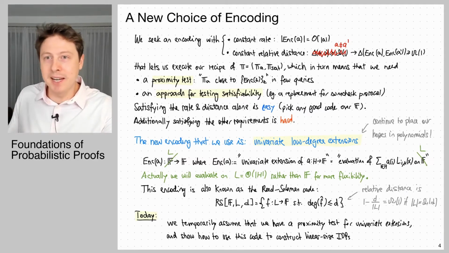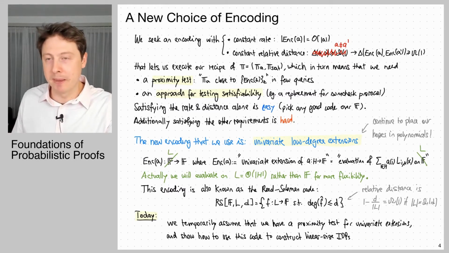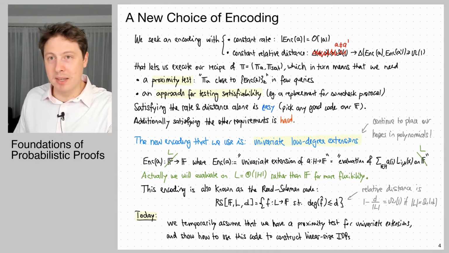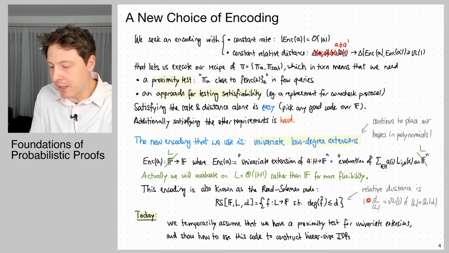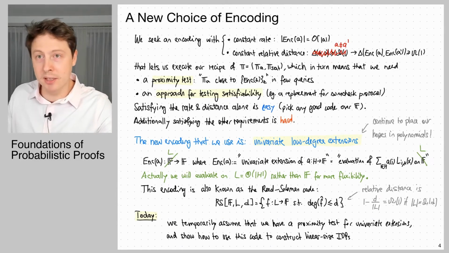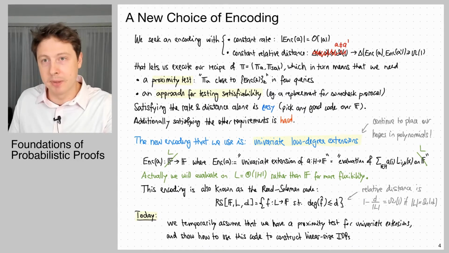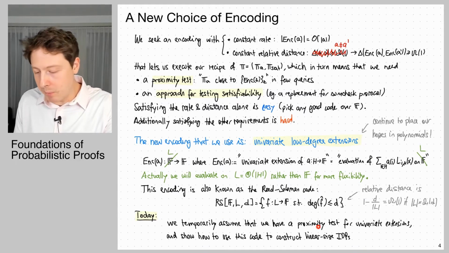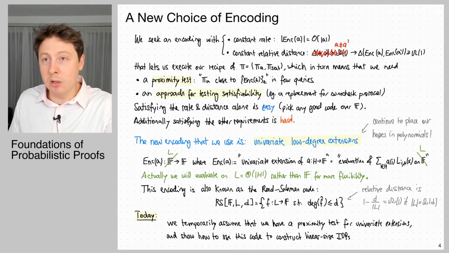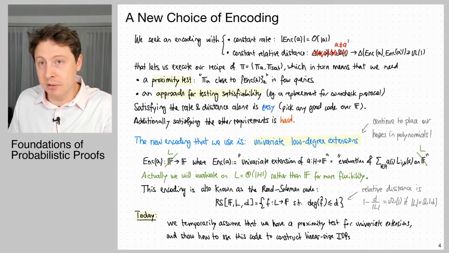Any answer you get could have been consistent with a degree d evaluation. So that's not good, because for us the degree is going to be pretty large, linear in the instance size. So assuming that we have a proximity test seems awkward, given that we basically argued in a prior lecture that it's impossible to have a non-trivial low-degree test for univariate functions.